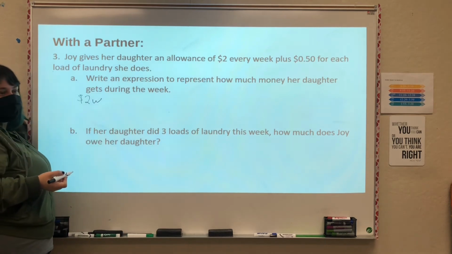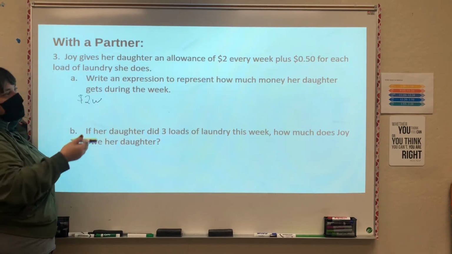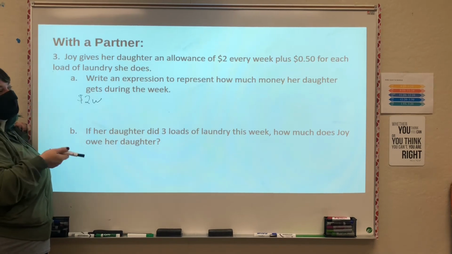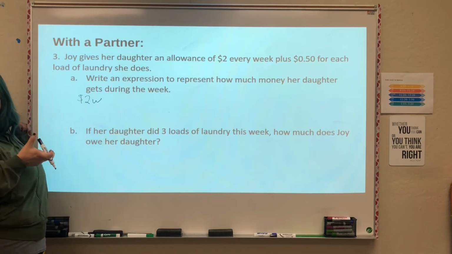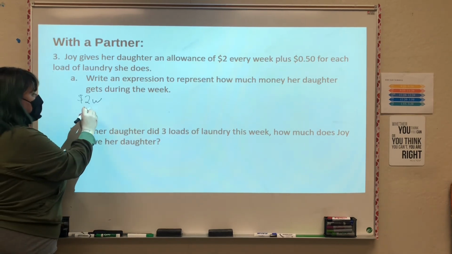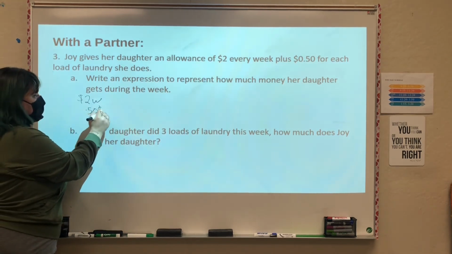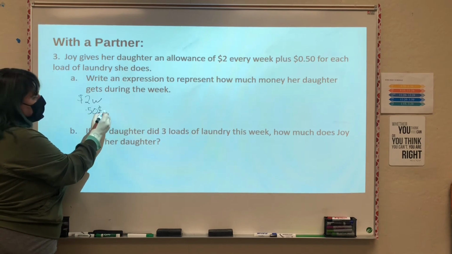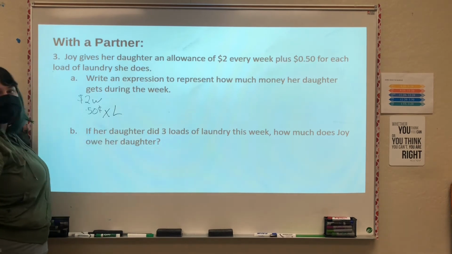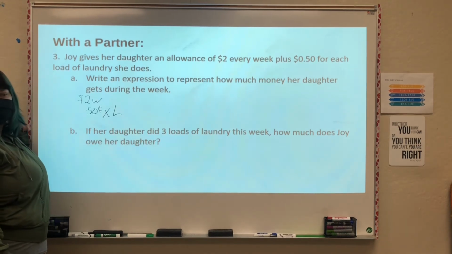And after that, plus the 50 cents. That's for each load of laundry she does. Yeah, so that would be 50 cents times however much laundry she does. I like it. Times the load of laundry she's done.